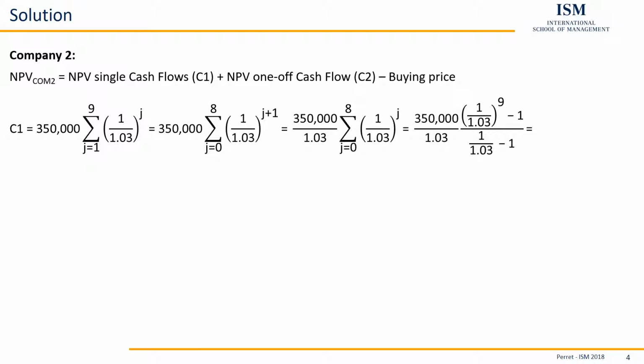All the rest follows the exact same argumentation that we had in the slide before. And thereby, I will just skip to the end. We get here a net present value of 2,725,138.12.